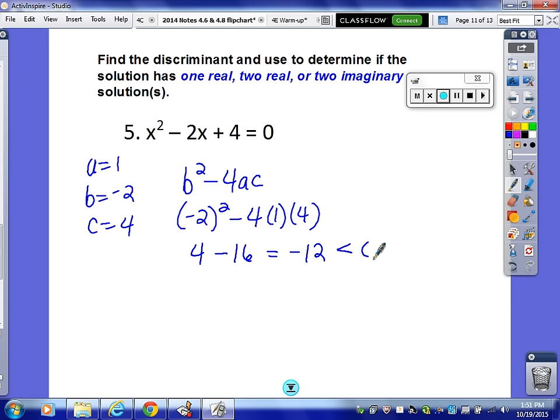Since negative 12 is less than 0, we know that there are 2 imaginary solutions, or 0 real solutions.